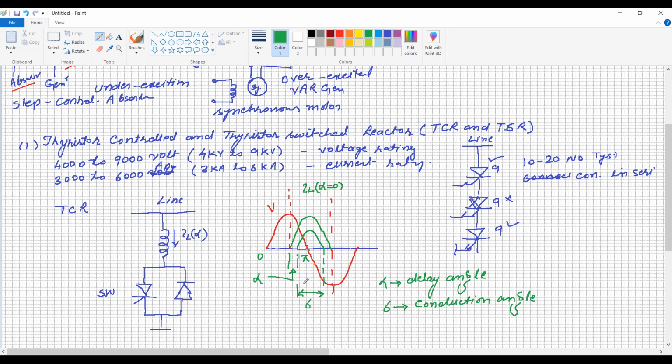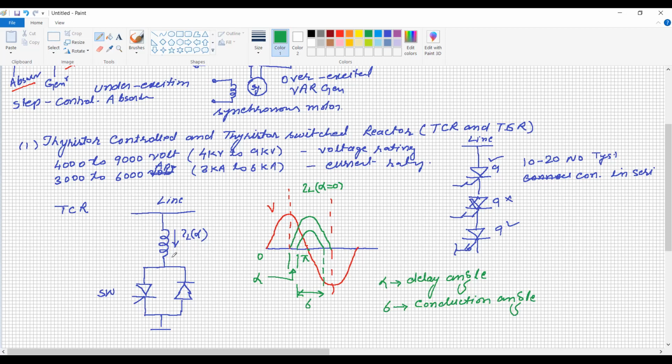Now, one more important thing we have to remember is that as we are trying to conduct after 90 degrees, this is 0, this is pi by 2, which is 90 degrees, meaning the conduction is after 90 degrees. Then it is possible to have the current in the inductor lagging by 90 degrees.